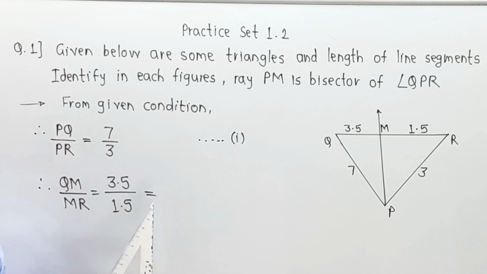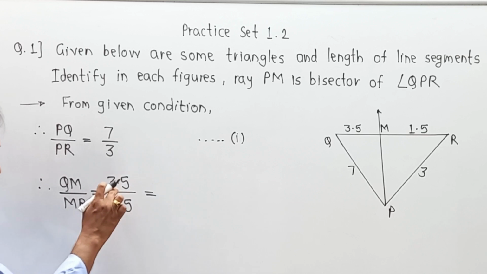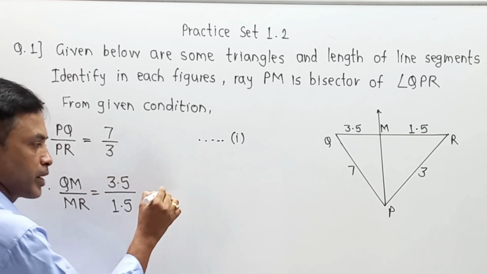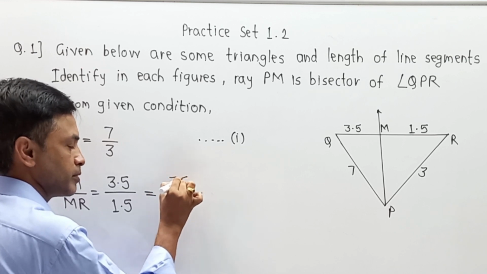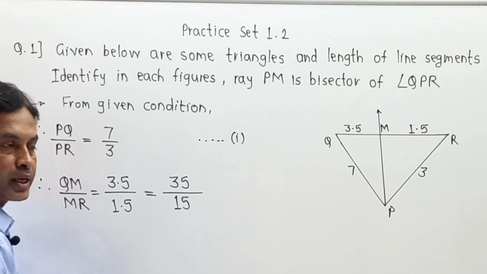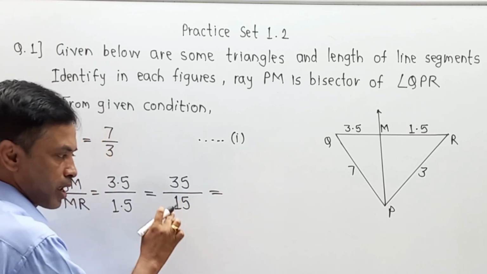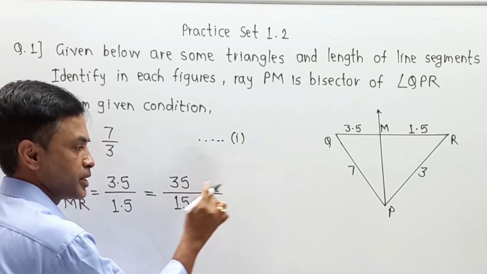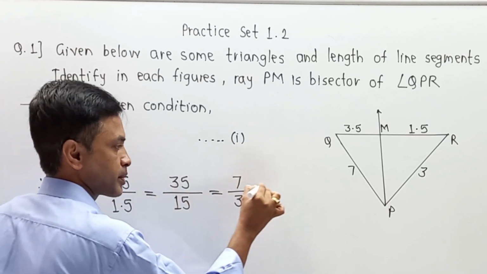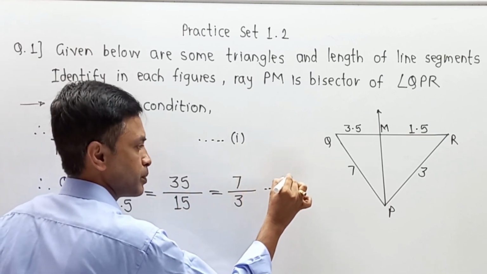In 3.5 there is 5 after the decimal point and in 1.5 also 5 after the point. I am shifting 1 decimal from numerator, 1 decimal from denominator. So 3.5 simply becomes 35 and 1.5 simply becomes 15. If I do a simple division by 5, 5 3s are 15 and 5 7s are 35, and I am going to call it equation number 2.